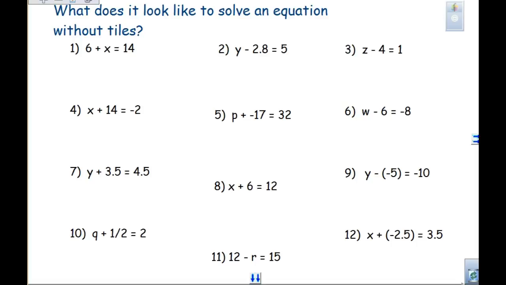It says, what does this look like to solve an equation without tiles? If we are looking at these, you're going to notice that we have either what 2 operations? Either addition or subtraction. My goal is to get this x by itself. So at the top, please write: goal, to get variable by itself.